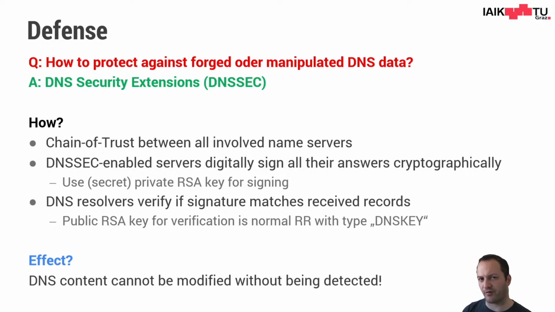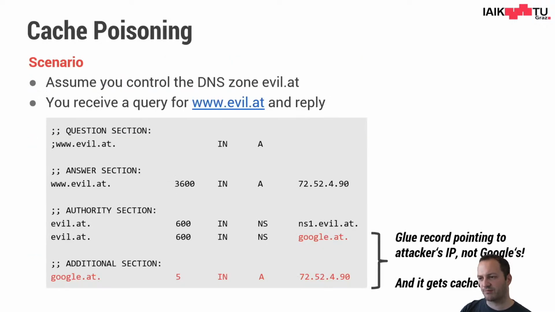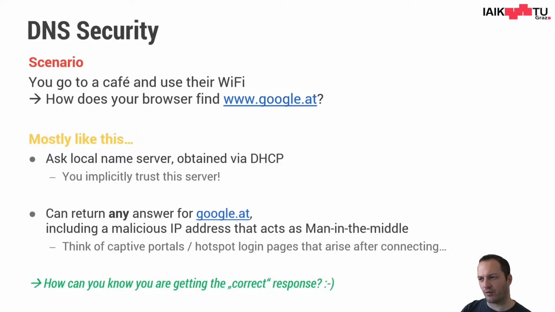So it will use an RSA key, and the DNS resolvers that see this signature will use a public key to verify who signed this and whether the response is tainted or not. So the idea is, of course, that the content cannot be modified, manipulated or forged, and that it shouldn't be possible that, for example, an attacker attaches this here, or that if you go to Google.at, you will get to another IP address than the one you have requested.